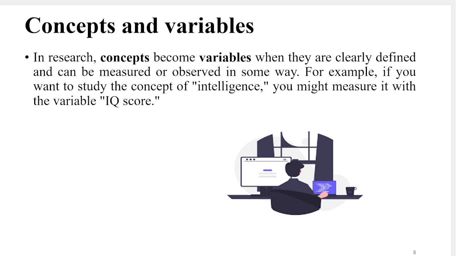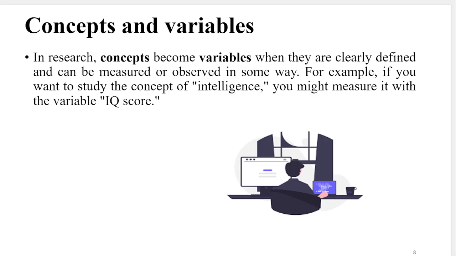In research, concepts become variables when we define them clearly and make them measurable. As we said before, concepts are abstract ideas, but in order to study them scientifically, we need to convert them into variables that we can observe or measure.